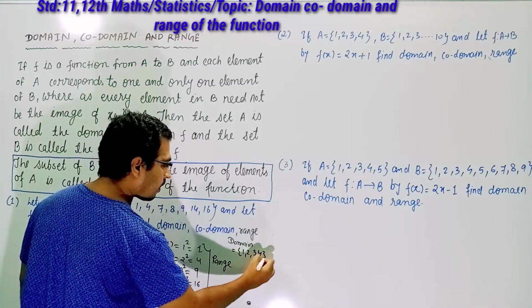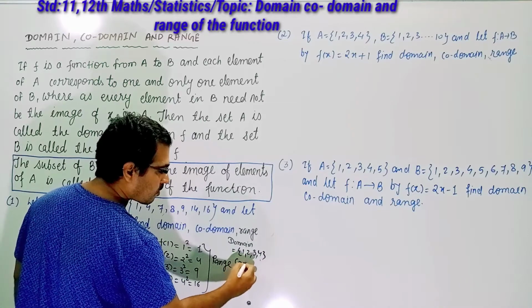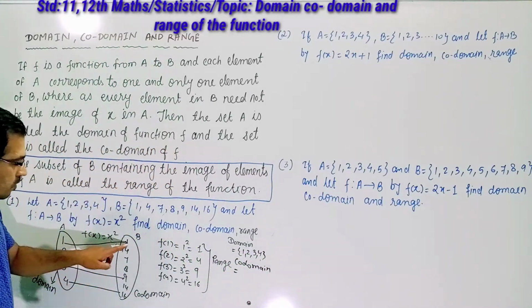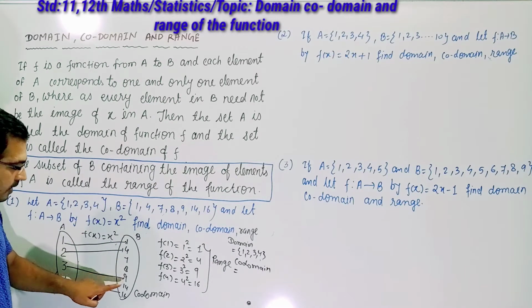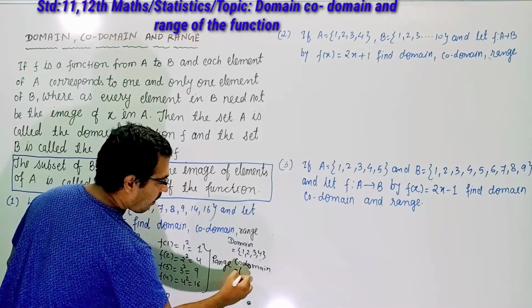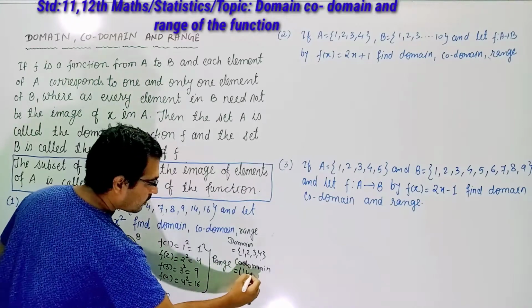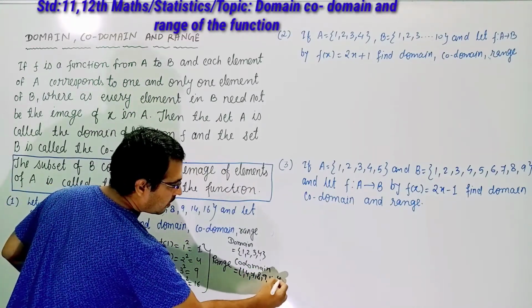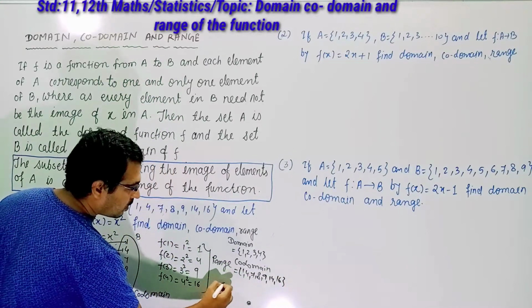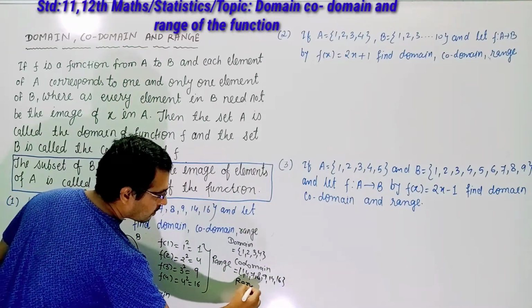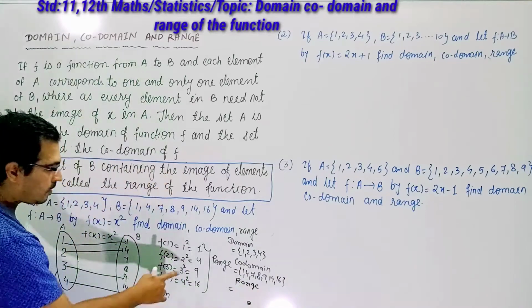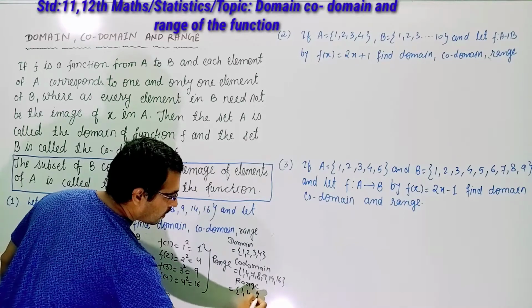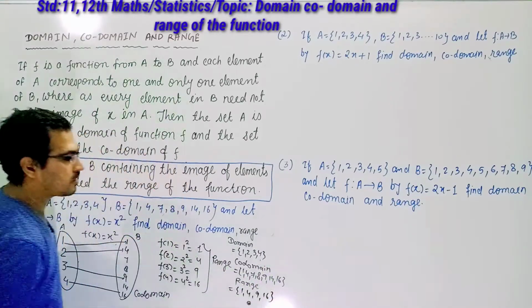The codomain is 1, 4, 7, 8, 9, 14 and 16. And the range is 1, 4, 9 and 16.